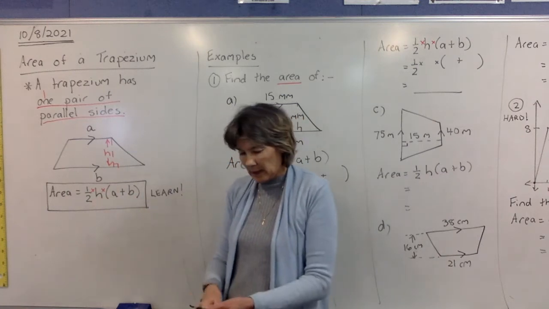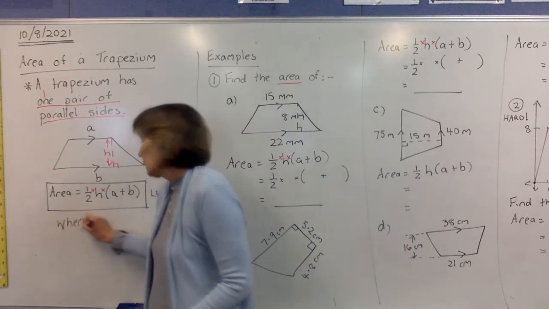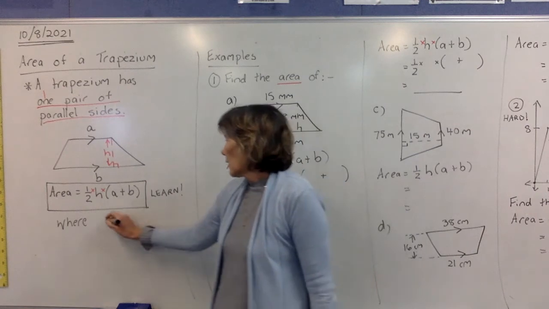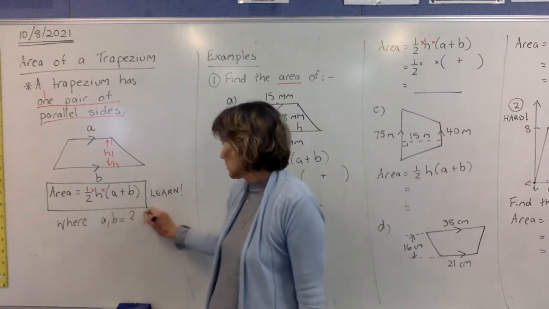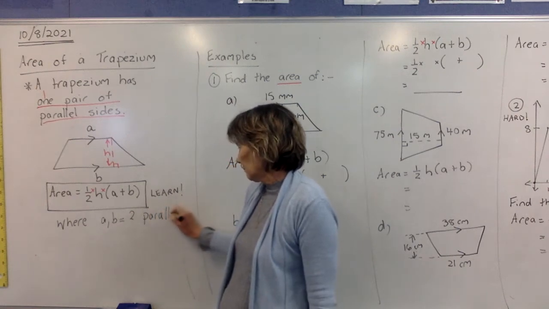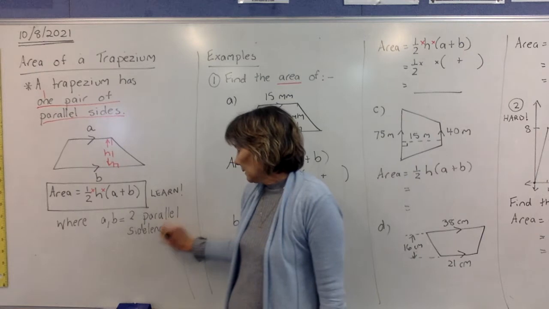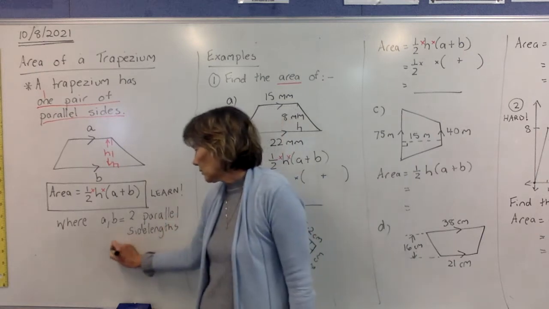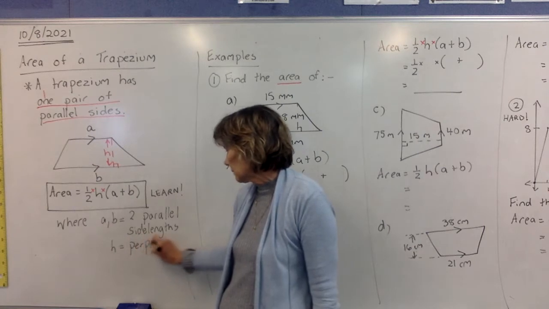Now, in here, we have lots of letters. The A and the B stand for the two parallel sides, their side lengths. And the H stands for the perpendicular height, like it always does.